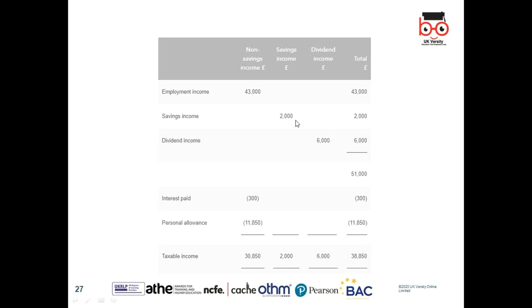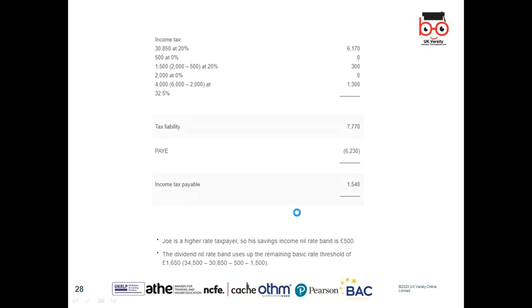So taxable income is this. And then under dividend, under savings. Then of course we have rates there: 3,850 at 20%. Then on savings income, the first 500 is exempt because it was 2,000 savings income. So on 1,500, 20% will be taxed.